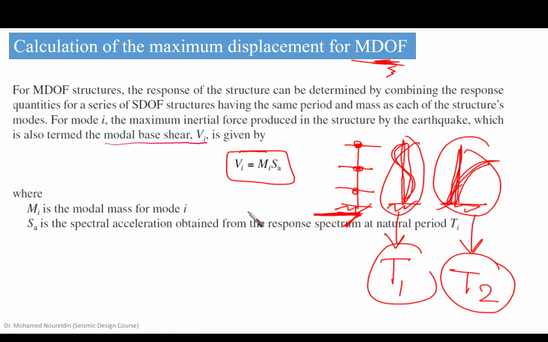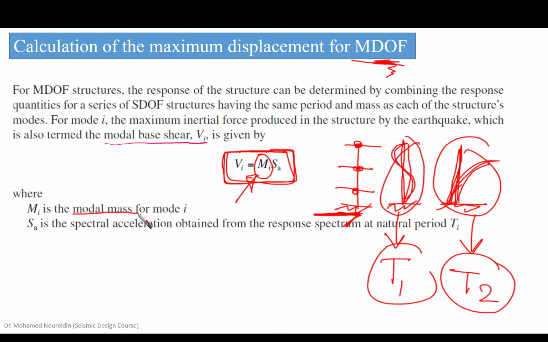I'm not going to talk about this issue in detail, because it needs more explanation and takes more time. But if you recall what I explained before in the dynamic analysis course, we have something called the modal mass.